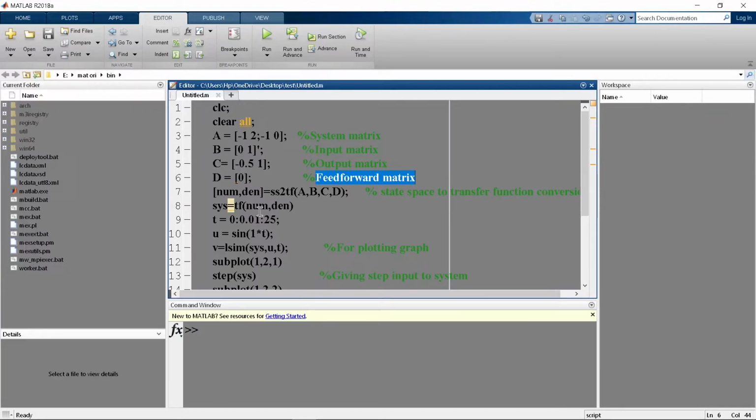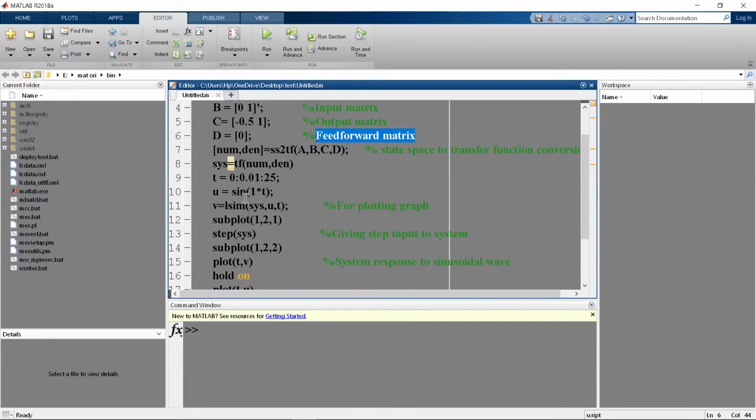From num and den we will be changing this into a transfer function model and store it into the system sys variable.